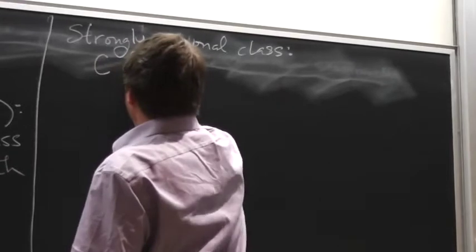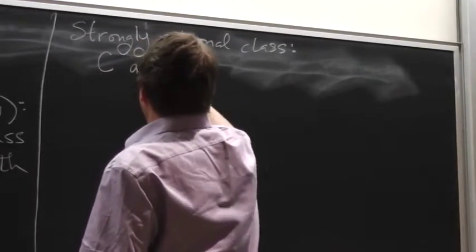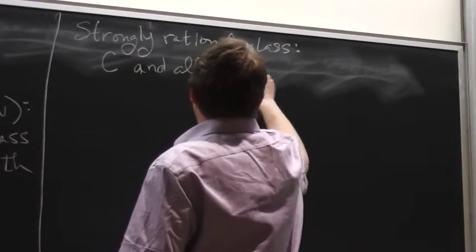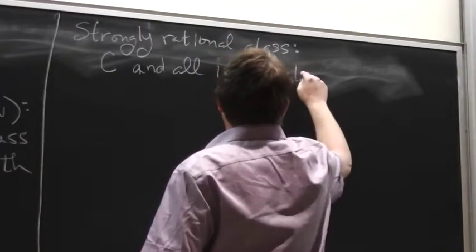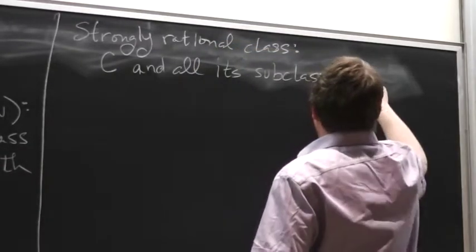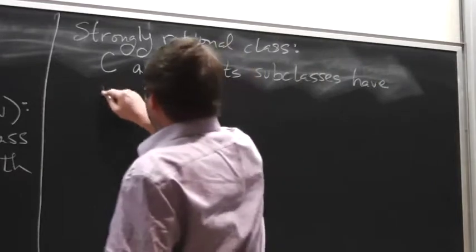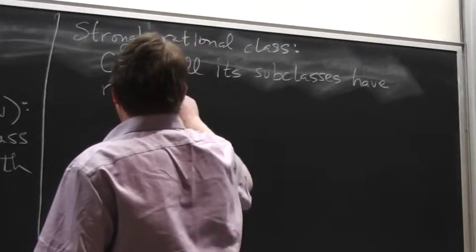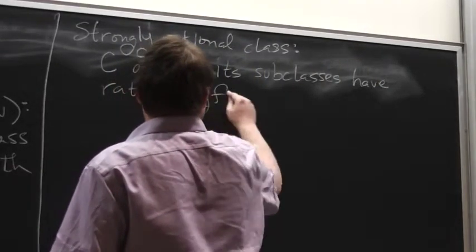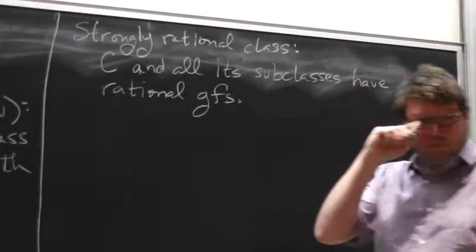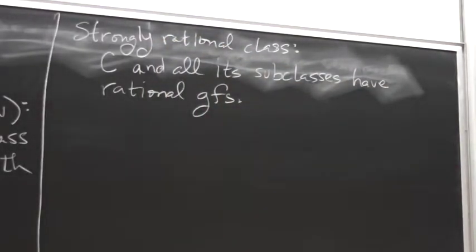The definition here is that C and all its subclasses are rational. So once I restrict to these strongly rational classes, there's some hope for characterization, but that's not the topic of today's talk. But there is still some hope here.